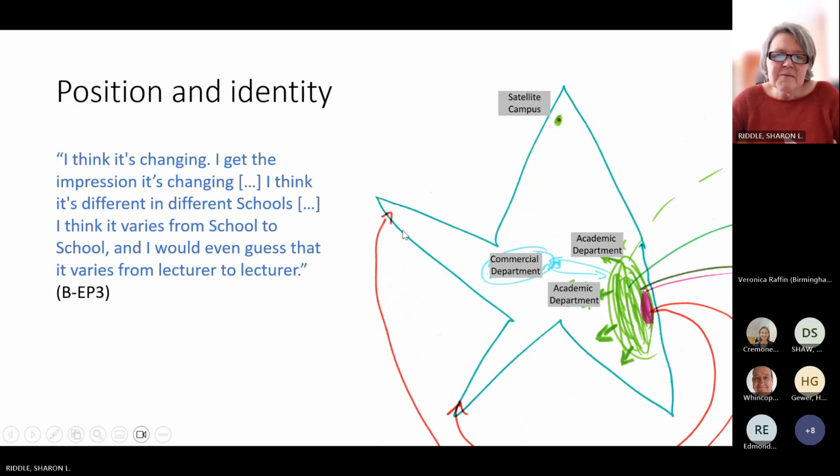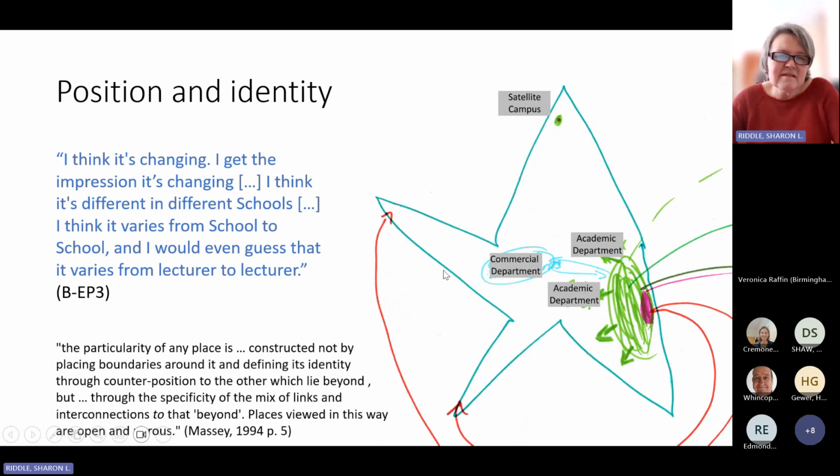And we see this is like a thrown together place where it's made up of individuals, links, and so on.